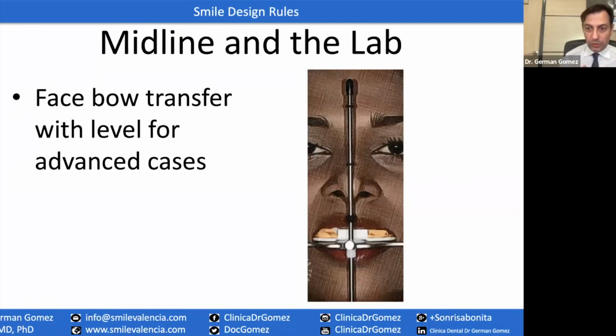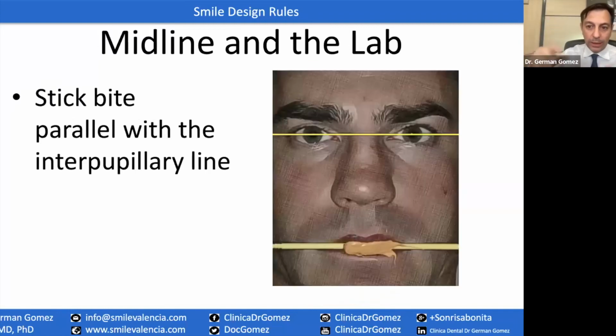If we do not use a face bow, which would be the best thing to do, to let the dental technician know where my horizontal line is, we can do a little trick. When we take the bite, that means the occlusal line, in the bite registration silicone, we can put a pencil or a stick that is following the upper lip line if the patient smiles, or if you wish, the bipupillar line.